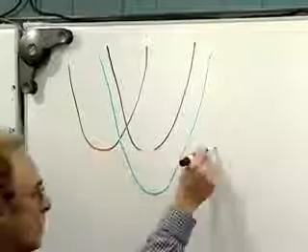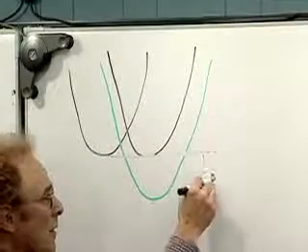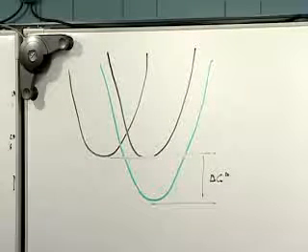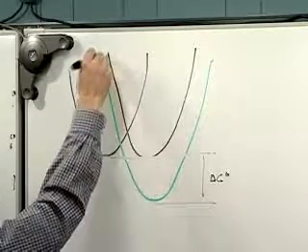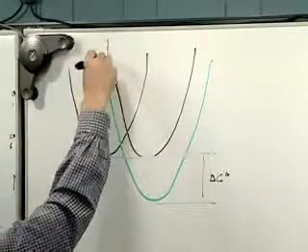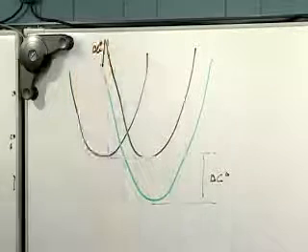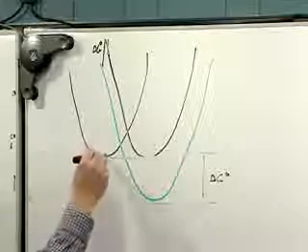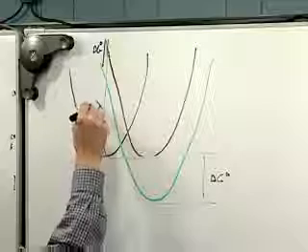And this will be delta G0, the driving force for the reaction. And since this offset is delta G0, despite my drawing, this offset will be delta G0 also. This distance is lambda.